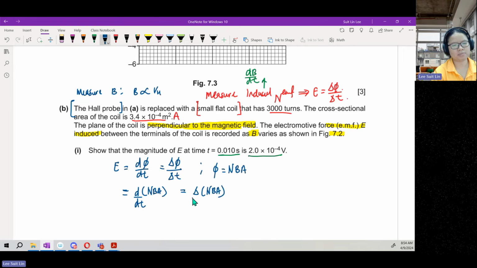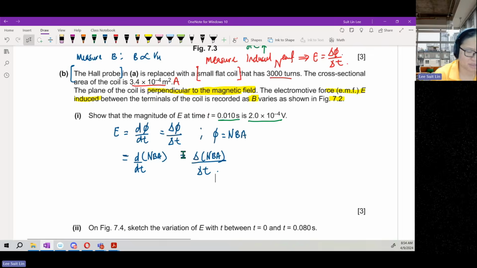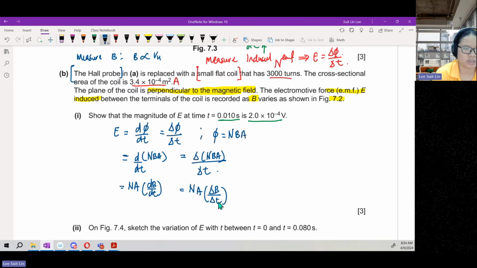For the maths people and the non-maths people, they mean the same thing, which is change. All right. The first order of business is to kick out all the constants because they don't change. N doesn't change, A doesn't change. What I have left is dB/dt, which is gradient. N doesn't change, A doesn't change. What I have left is change in B over change in time.